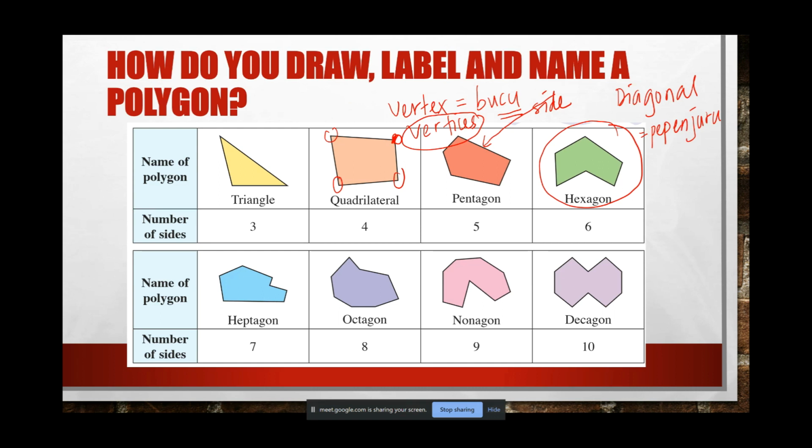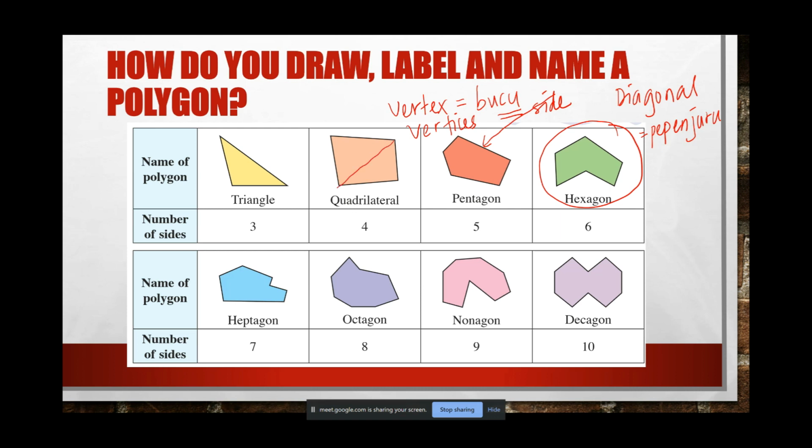Diagonal is the line joining the opposite vertices. For example, we're looking at the quadrilateral. If this is the vertex, you have to join it to the vertex which is not adjacent to it. Not this one, not this one. You join the one which is opposite to it. So for a quadrilateral, we have one diagonal, we have 2 diagonals.